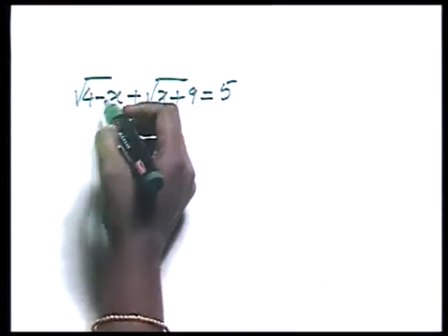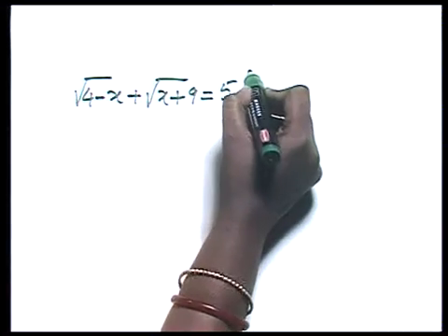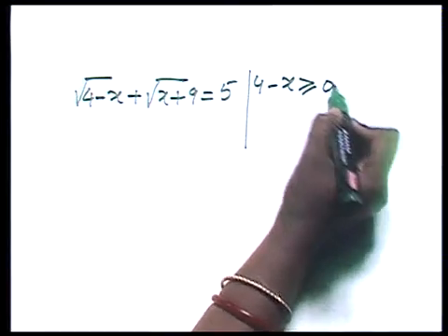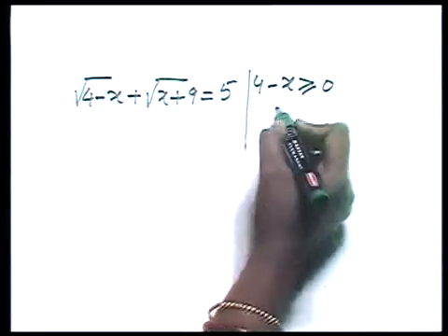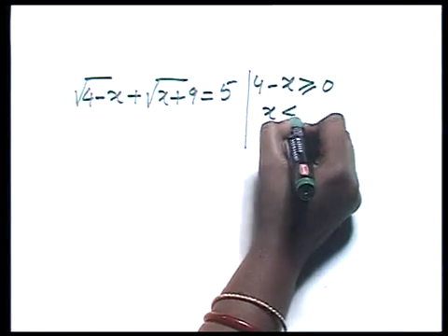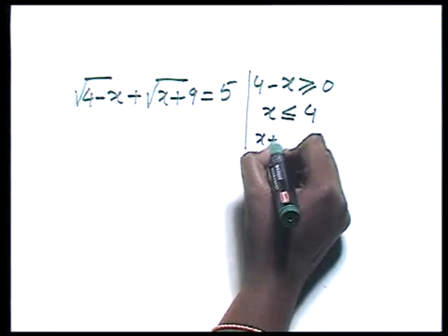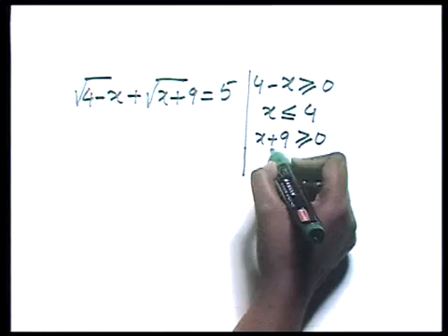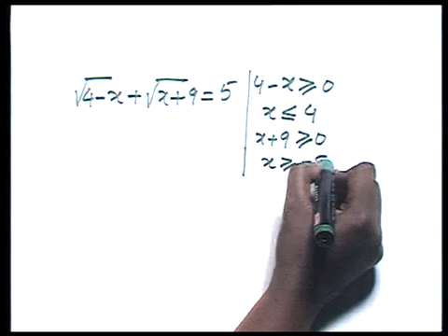And we also find that 4 - x should be non-negative, because in real numbers there are no square roots of negative numbers. That means x is less than or equal to 4. Also, x + 9 should be non-negative. By the same reasoning, that means x is greater than or equal to -9.